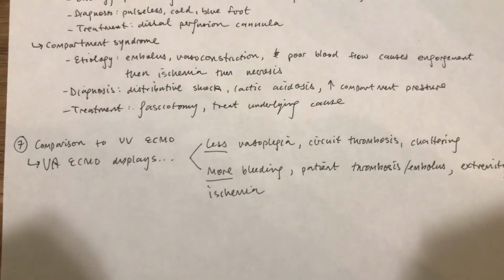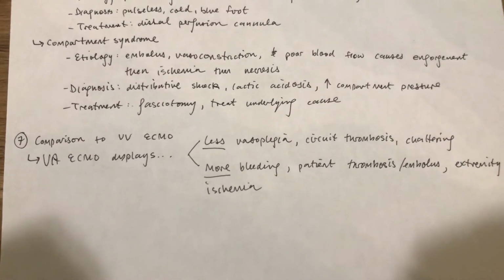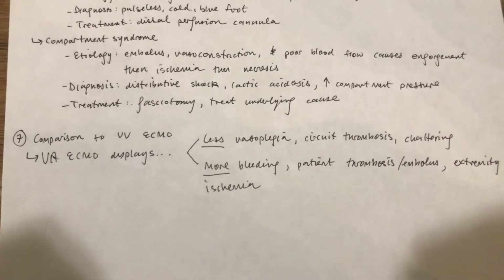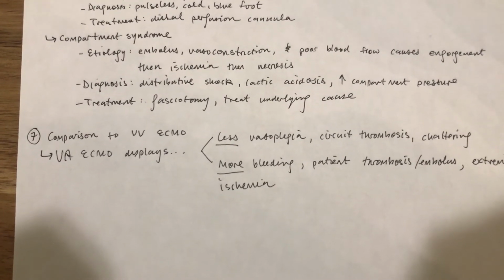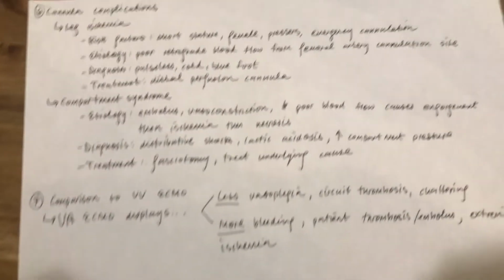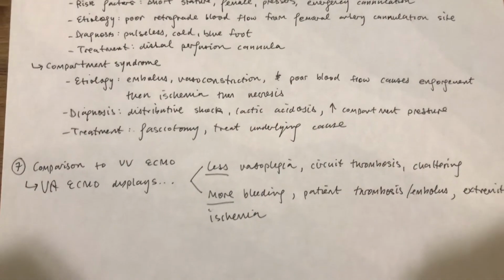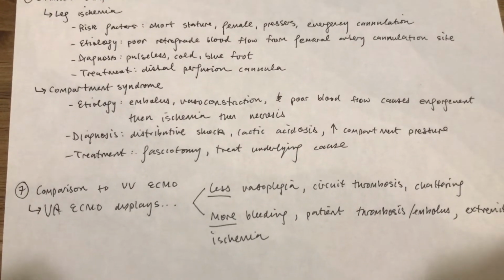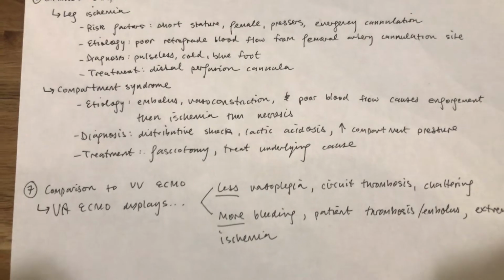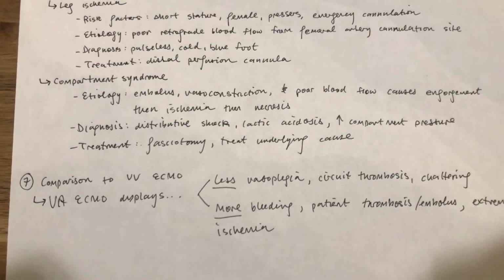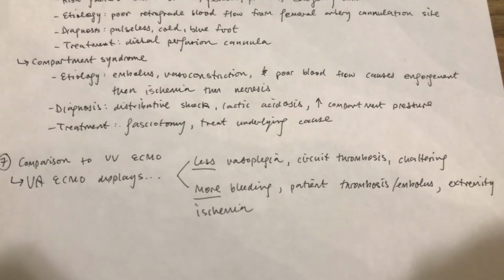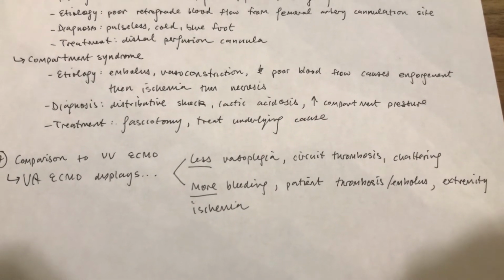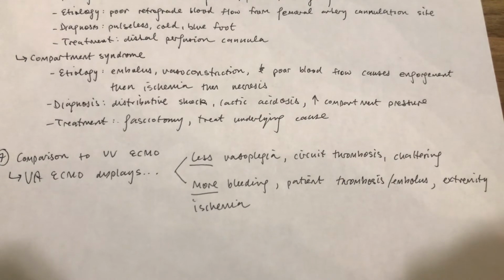Compartment syndrome is the last complication that we're going to talk about, and it's the end complication of an extremity embolus combined with this ischemia. What will happen is that the leg will become congested, swollen, and blood flow will be cut off.